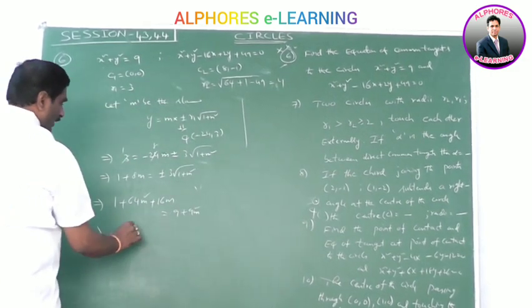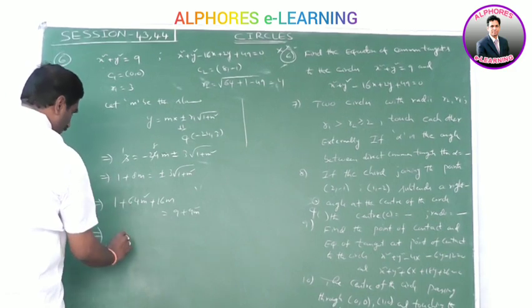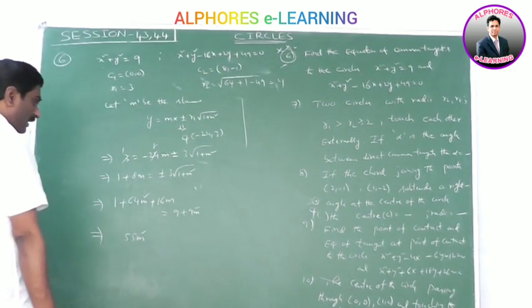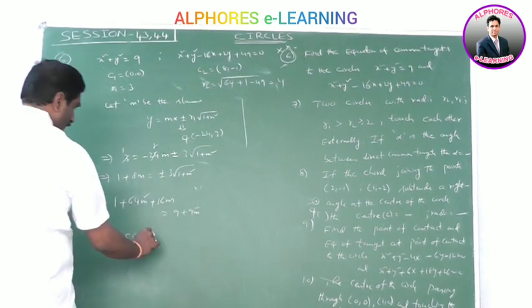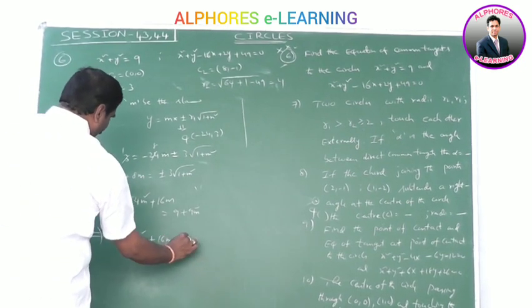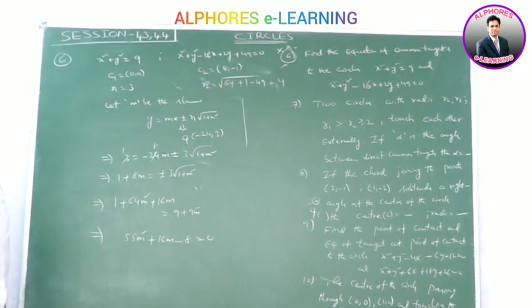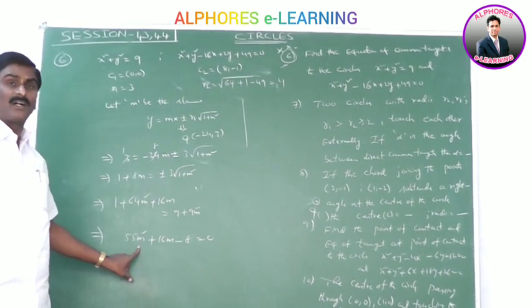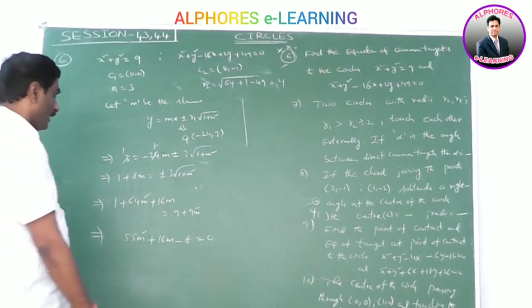That implies 55m² + 16m − 8 = 0. It is a quadratic in m. Now factorize and find the value of m.